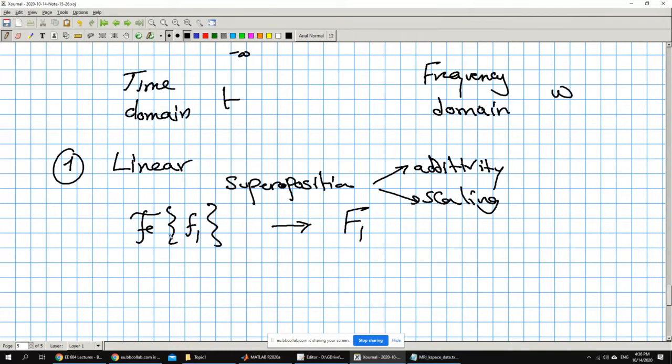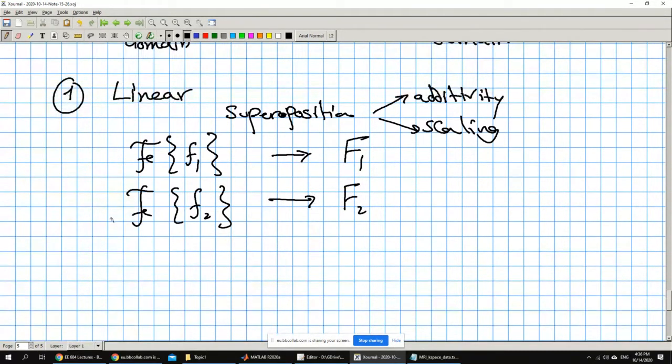If I have another function f2 that comes out as F2, and I add them together, the Fourier transformation of f1 plus f2 will come out as capital F1 plus capital F2. This is the additivity part.